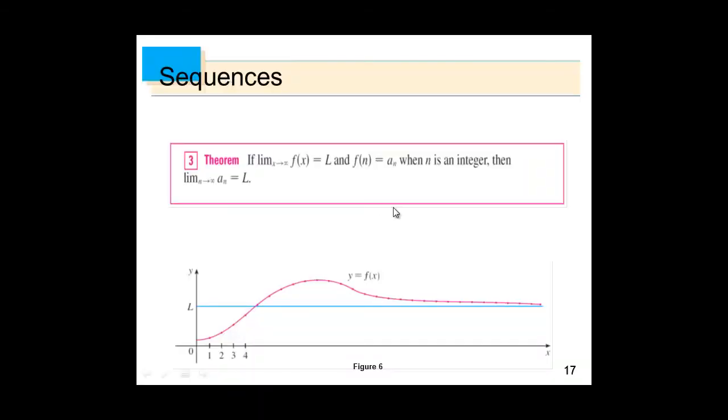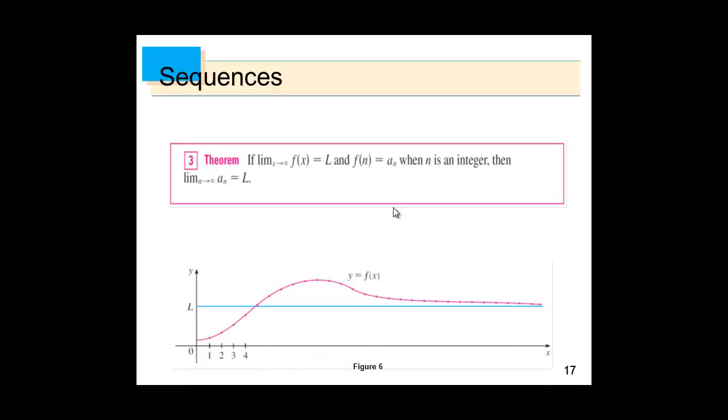And so if the limit as x goes to infinity of f of x is L, then the limit as n goes to infinity of f of n is L as well. And graphically, you get a very good intuition why that's the case. Remember, the sequence a_n, you are defining a_n to be f of n. So if you look graphically, the curve is the graph of the function f, and the graph of the sequence a_n is basically the points on the curve at the integers, right?